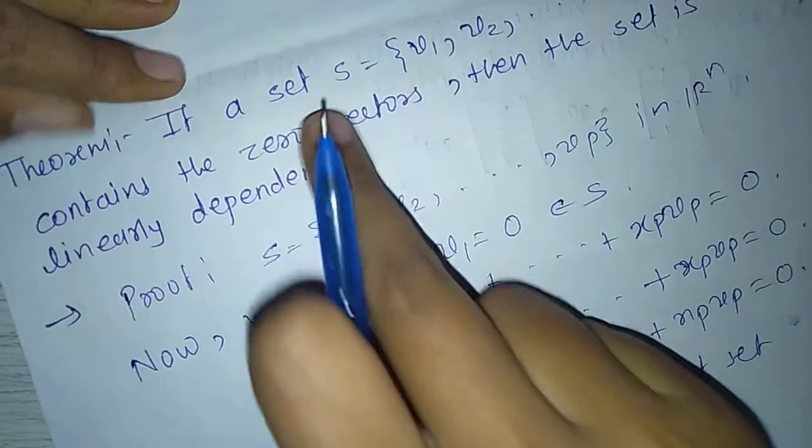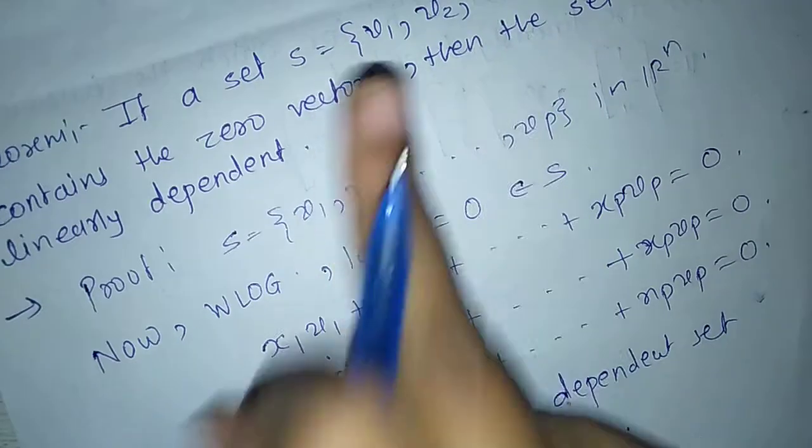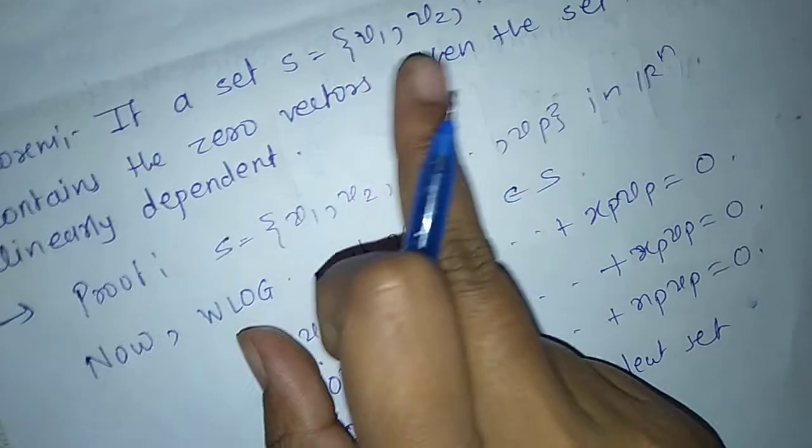But here set S contains the 0 vector, that's why the set S is linearly dependent.